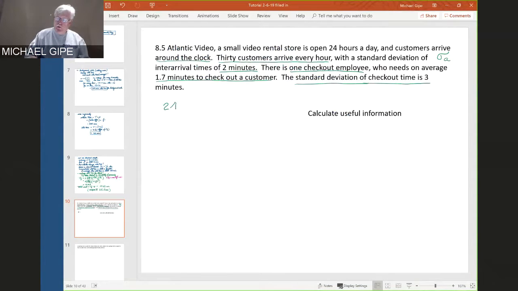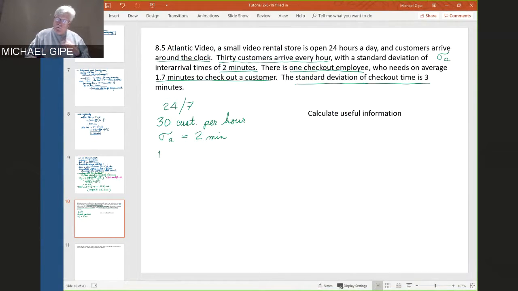So the key points here were we're running 24/7, 30 customers per hour with a standard deviation of 2 minutes on the inter-arrival time. Now, of course, we got units changes there.